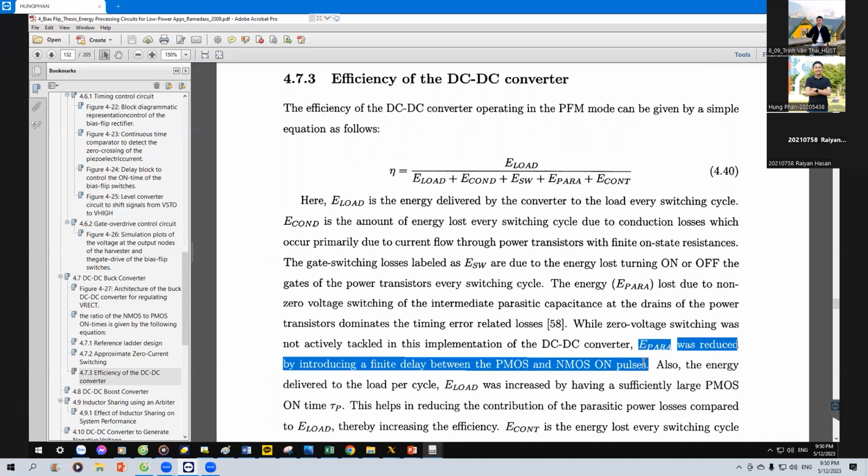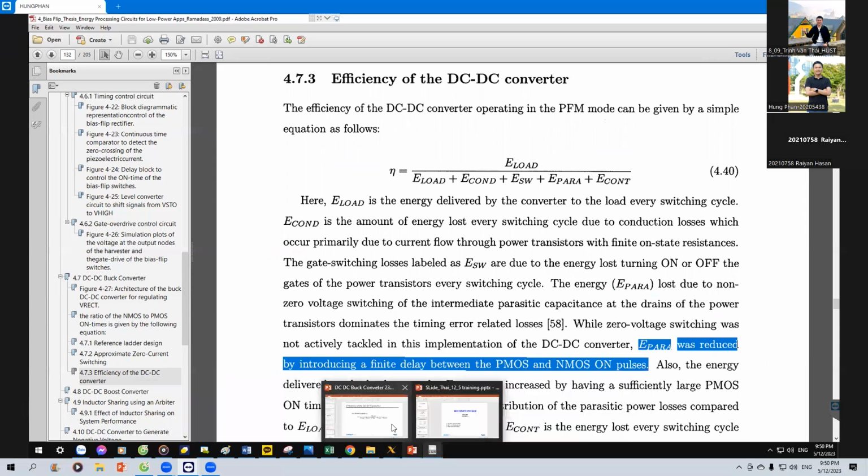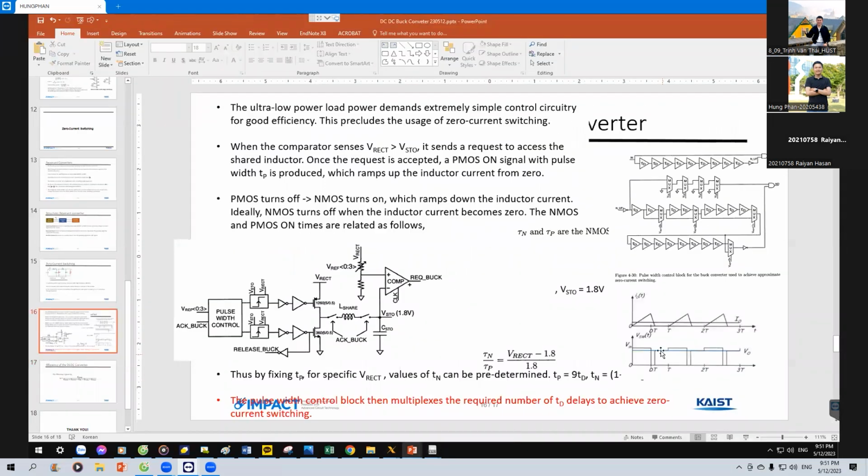Maybe because when it is turn on, turn off, not. So it might be because perfectly when this N mode turns on, this one should be turned off, right? Yes.